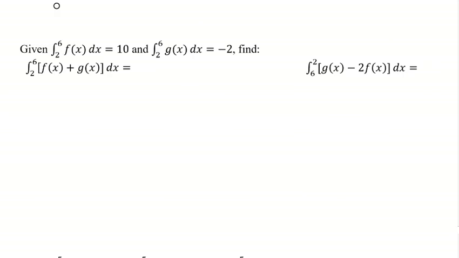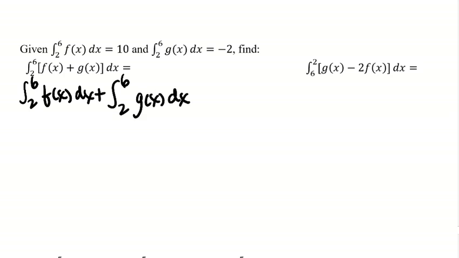Okay, here we've got f of x and g of x. So the integral from 2 to 6 of f plus g, I'm going to split it into their respective areas. And for this, my recommendation is that you draw another one of these kind of bad graphs.